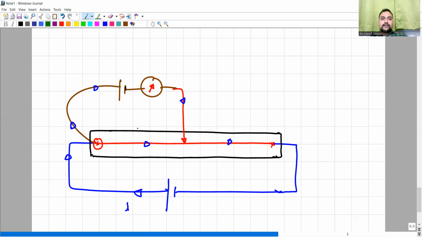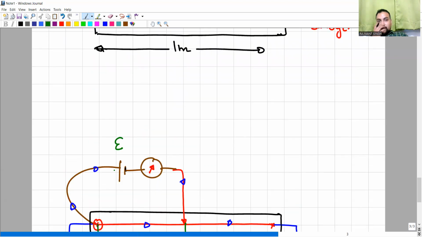It also means that this EMF and the potential drop between these two points are not the same.